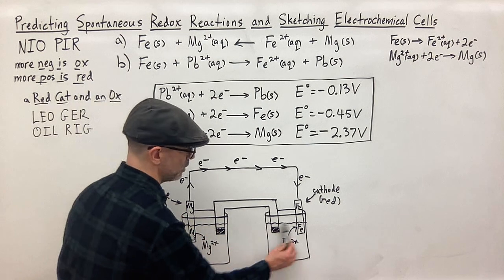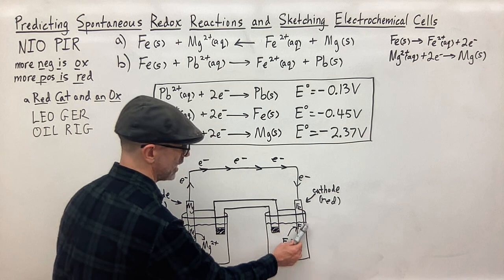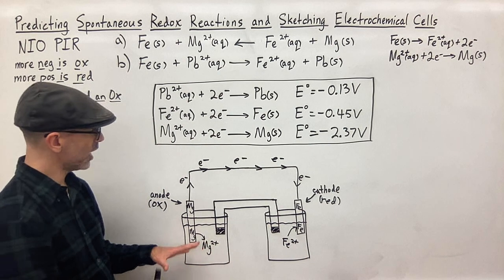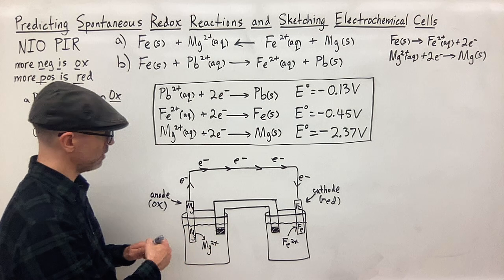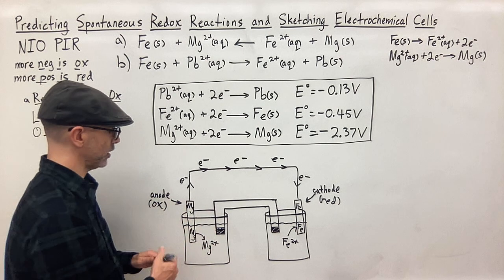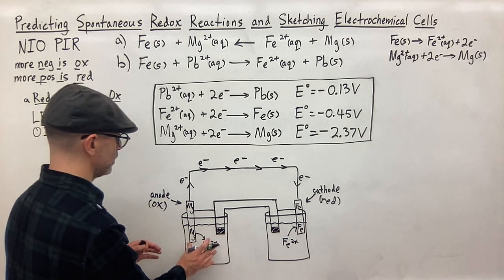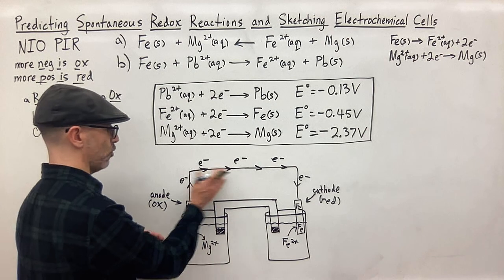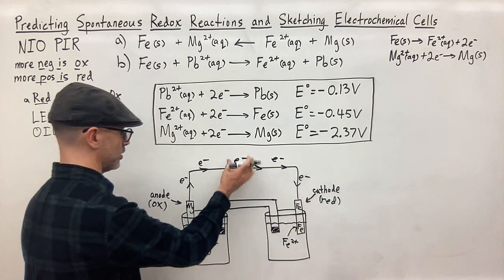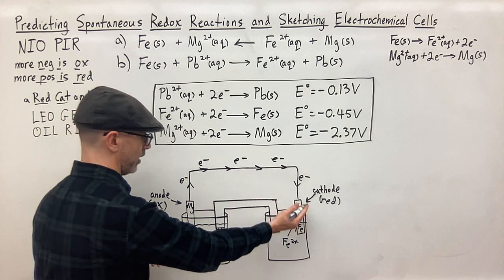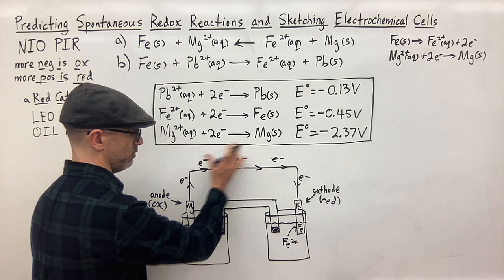And then this side becomes less positive because it's taking ions away from solution. And so over time, if you don't have a salt bridge here, then this battery is going to die. It's going to stop because this is going to become so positive that the electrons are not going to be attracted to here. It's going to be less attracted this way. And so it's going to eventually stop.